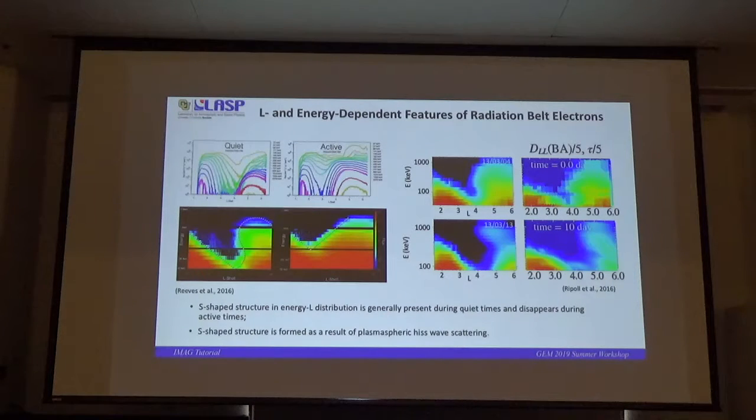They showed that there is an S-shaped structure in the energy-L distribution during quiet times, which suggests there's an energy-dependent location of the slot region. However, during active times, because of the injection into the slot region, such an S-shaped structure just disappeared. And further, Ripoll et al. in 2016, through modeling, confirmed that the S-shaped structure is actually formed as a result of plasmaspheric hiss wave scattering.